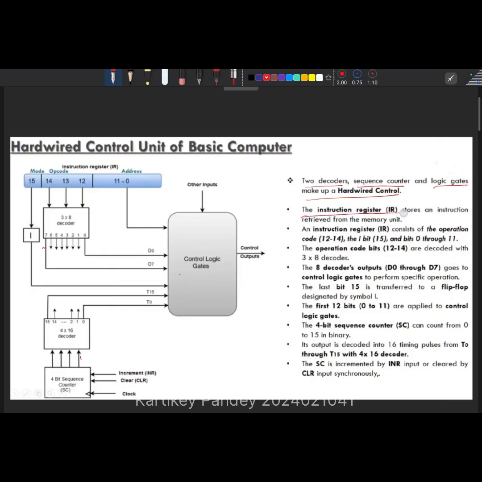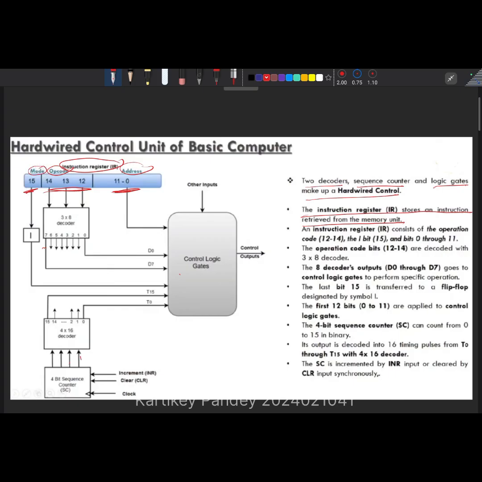The instruction register stores an instruction retrieved from the memory unit. This is the instruction register and it stores the instruction which was retrieved from the memory unit. The 0 to 11 bits denote address, the 12 to 14 bits denote opcode, and the 15th bit denotes mode.